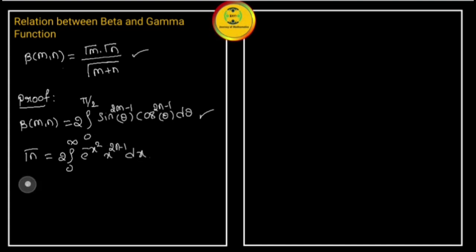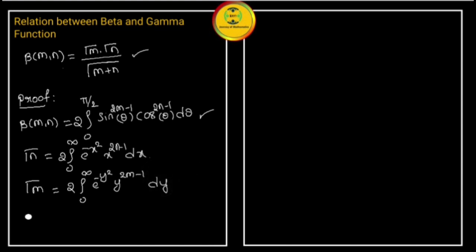In the same way, gamma of m can also be written with another variable as 2 into integral 0 to infinity e power minus y square y power 2m minus 1 dy.